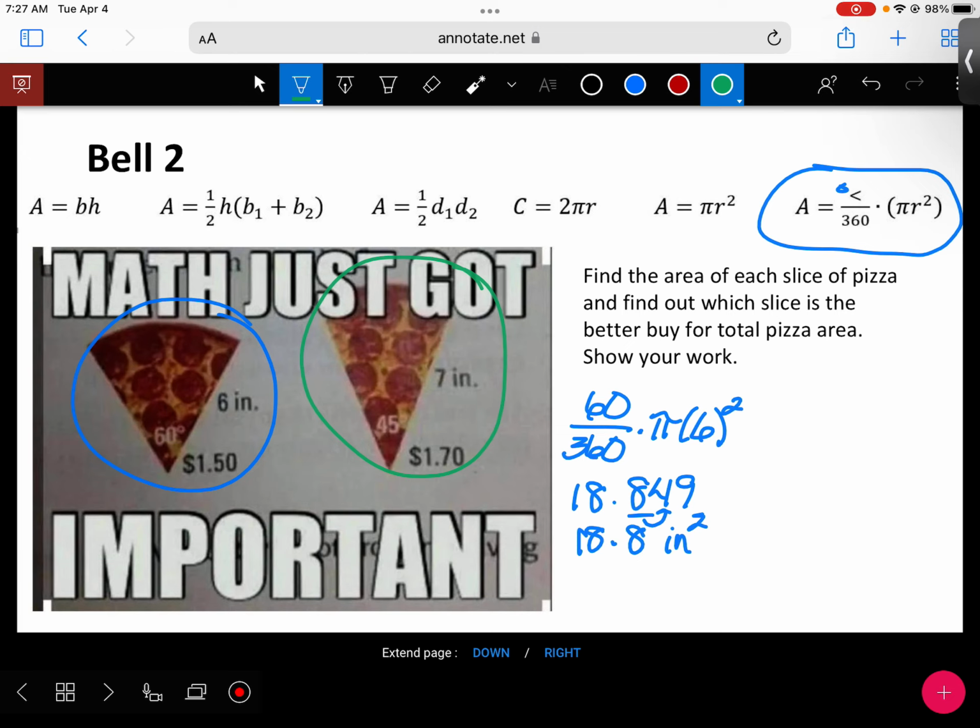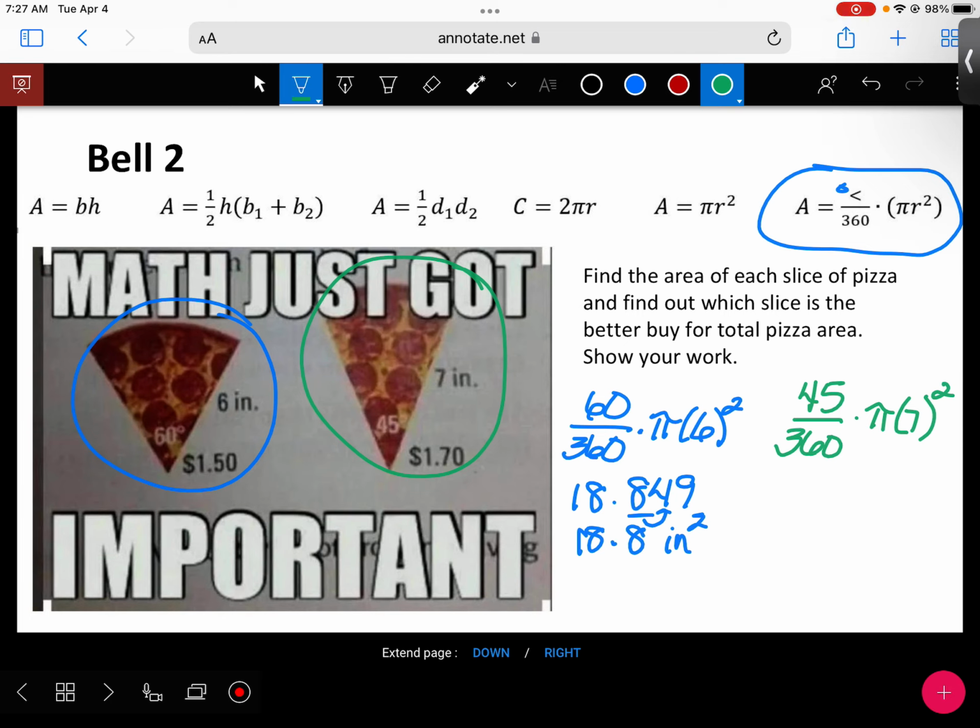The degree or angle here is a 45-degree angle out of the entire 360 times pi radius squared. My radius is 7 squared. And did anybody get a number for that one?